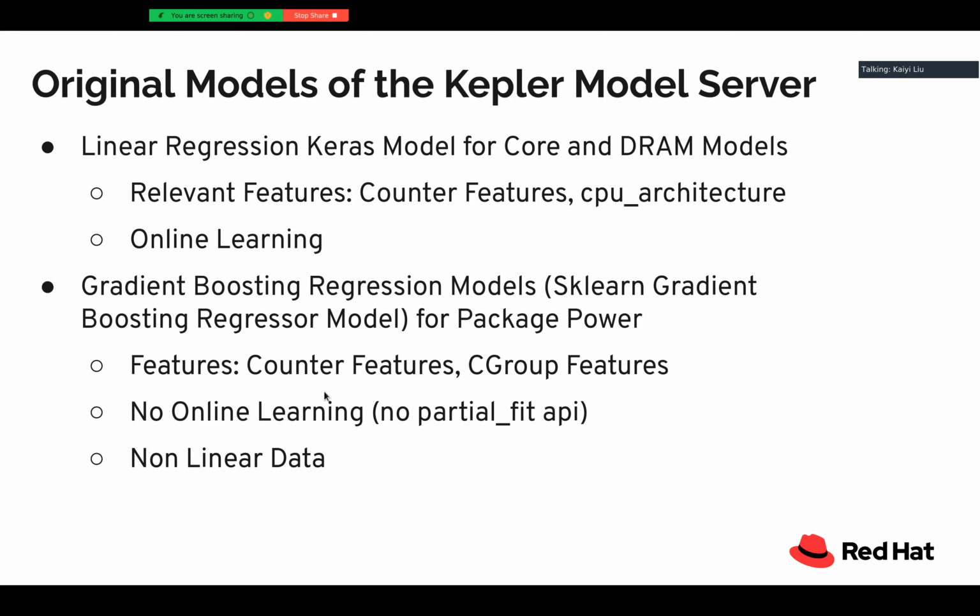Specifically, sklearn doesn't implement the partial fit API, which basically means that if it doesn't implement the partial fit method, it's not capable of online learning. So we've been just using the initial models for that. And the reason why we decided to use gradient boosting regression models, and also the motivation for XGBoost models, is to address any data that's nonlinear.